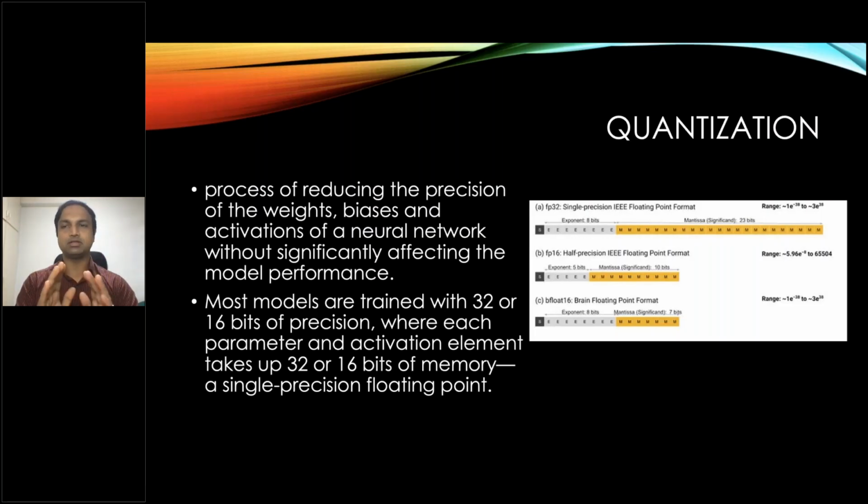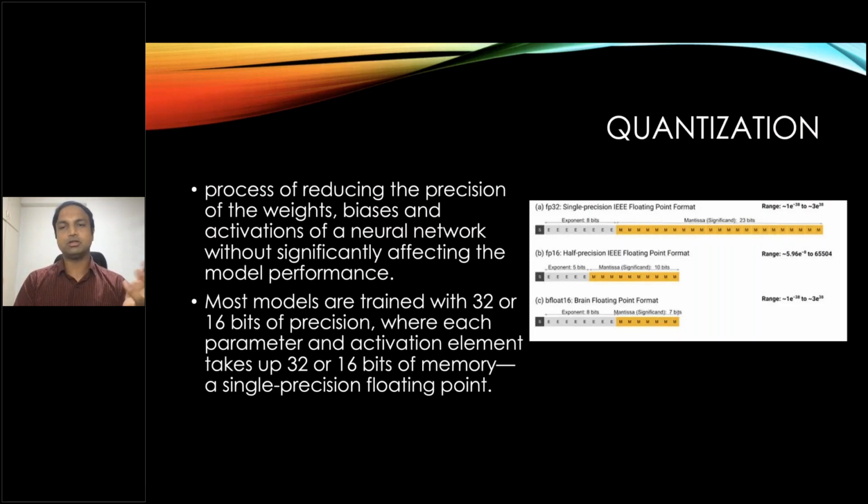So in simple words, I am reducing the precision of my weights, because neural networks are a bunch of numbers: the weights, biases, and activations are all numbers. The way you represent these numbers in a reduced precision format is what we essentially call quantization itself.